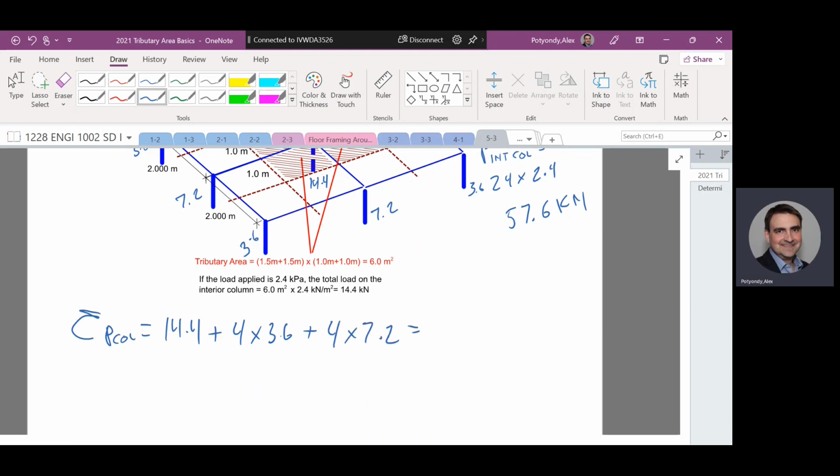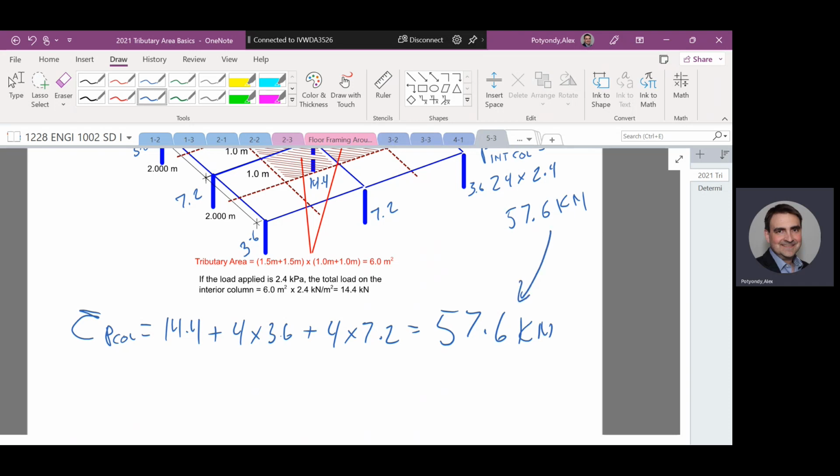Let's see, what does that equal? 14.4 plus 4 times 3.6 plus 4 times 7.2, 57.6.